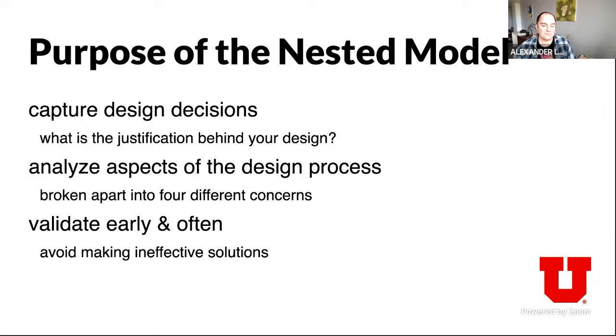She broke it apart into 4 different concerns and proposes aspects and validation methods for each of these concerns. It also allows you to validate early and often, and to identify, if you get something wrong, where you got it wrong. Overall, the goal is, of course, to avoid making ineffective solutions and make an effective solution.